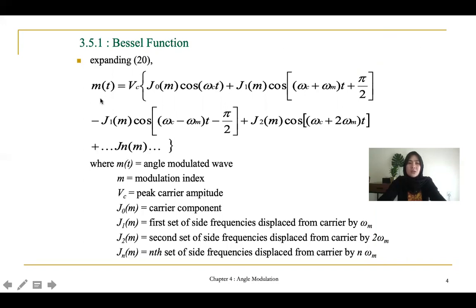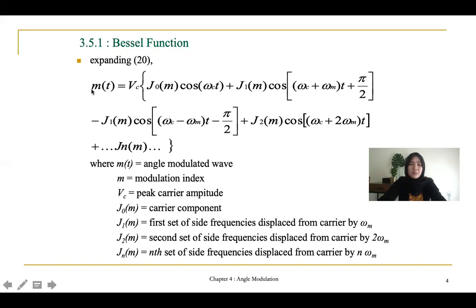So the equation is m(t) equals Vc [J0 plus J1 minus J1 plus J2 up until Jn(m)]. Okay, so m is the modulation index, Vc is of course the carrier amplitude, J0 is the carrier component, and J1, J2 up until Jn are the side frequencies.